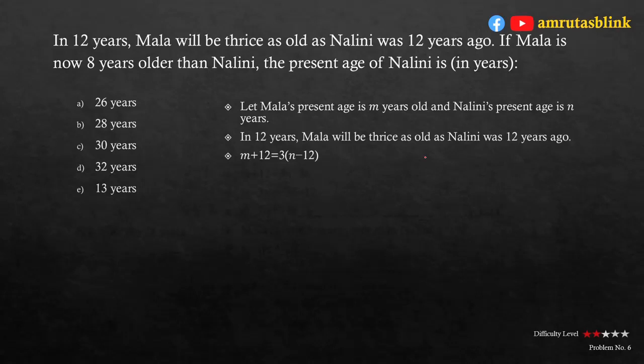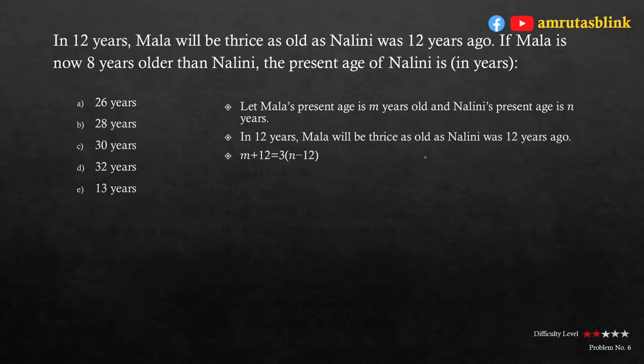This m plus 12 is equal to thrice, that is 3 into, Nalini's age 12 years ago. If Nalini's current age is n, then 12 years ago she must be n minus 12.